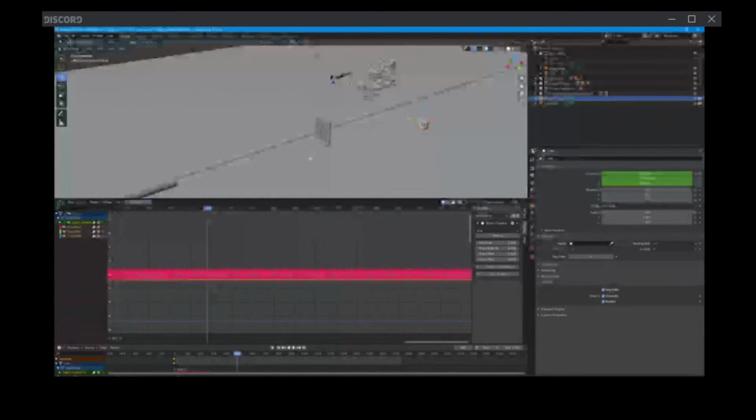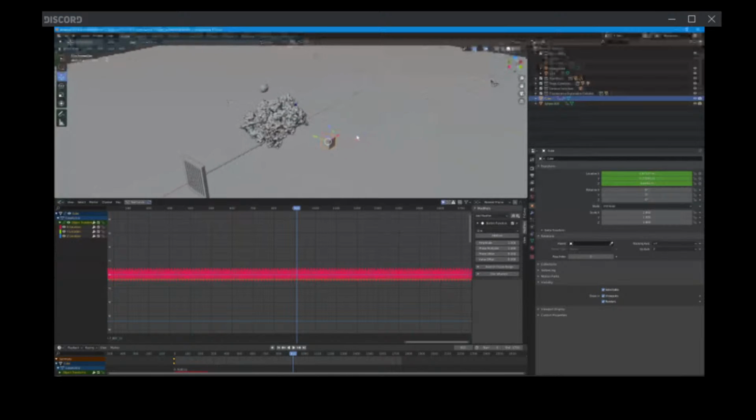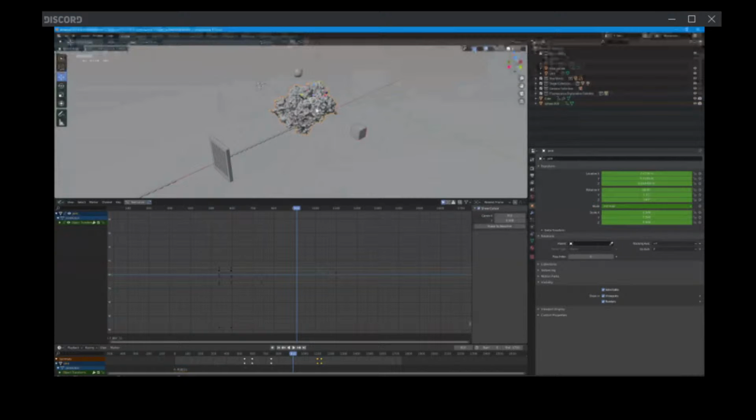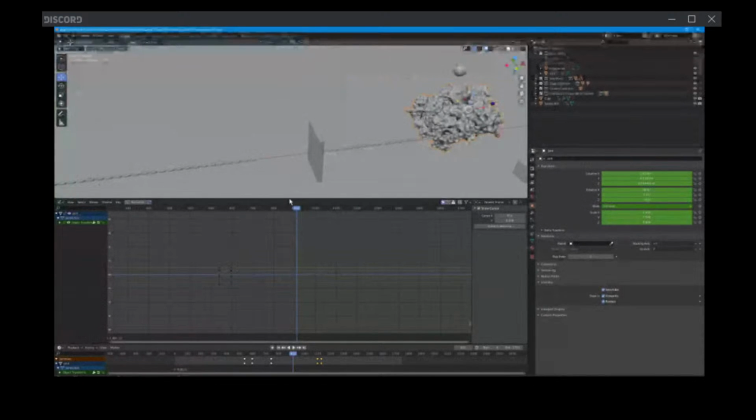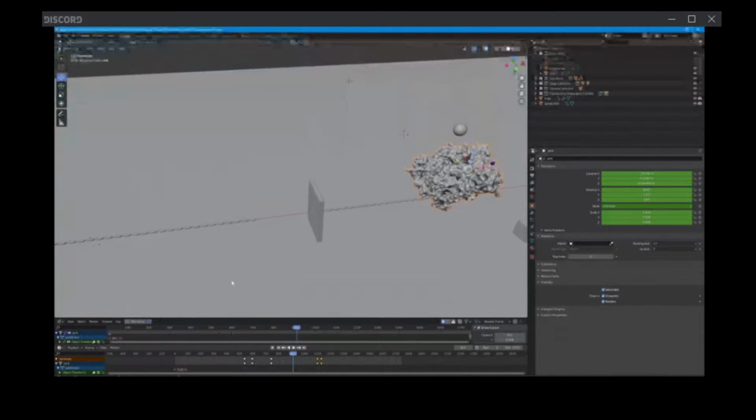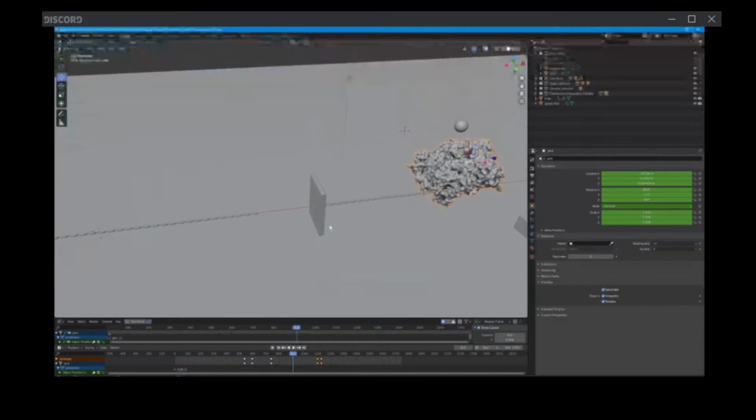But another thing that was sort of a pain to do here was once the laser actually hits the molecule, it stops. So here it's hitting the bovine serum albumin and it's actually stopping. This was a challenge because Blender is doing a lot of calculations here for the particle system.